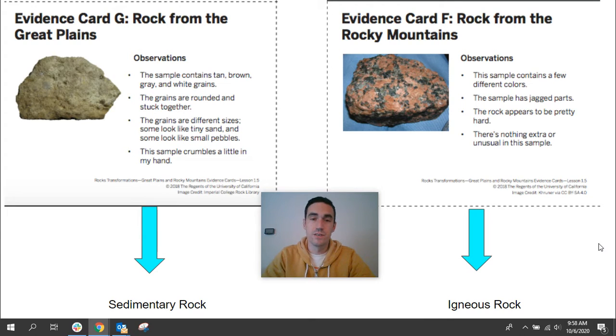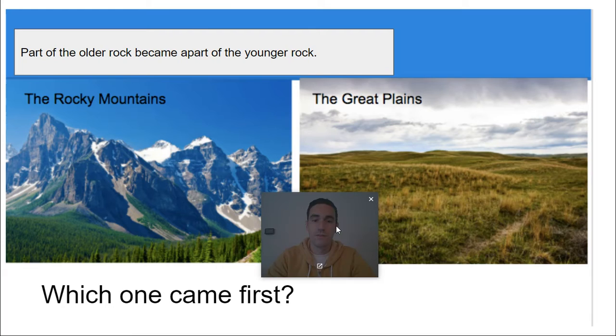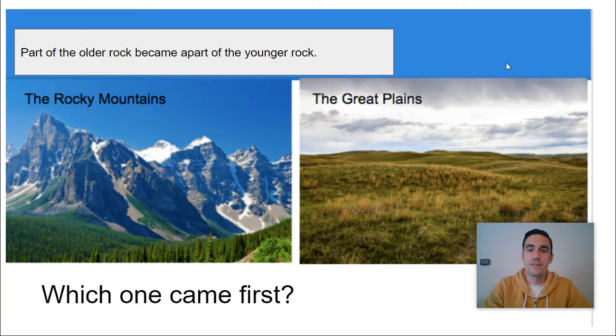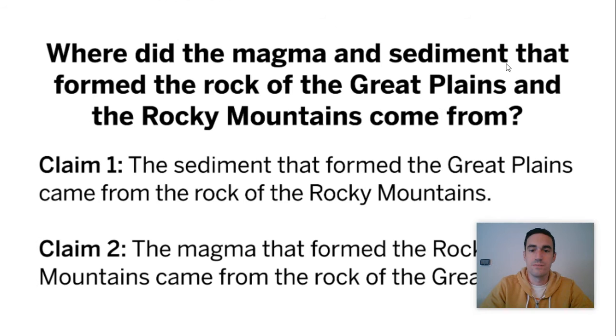And we know this because the type of rock a rock is depends on how it actually forms. So we look at these two places, and what we're basically going to try to figure out now is which one came first. And that's going to take us into our chapter question.